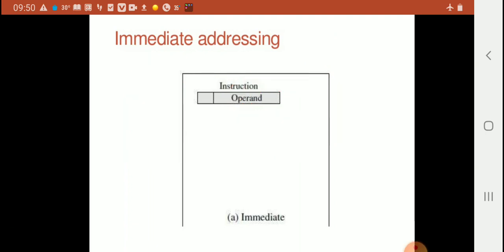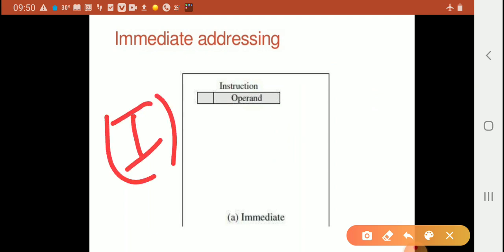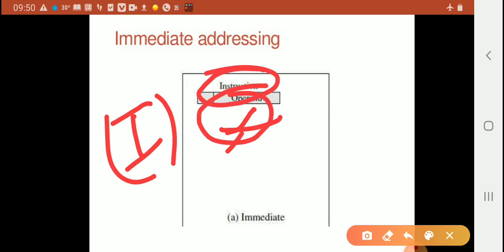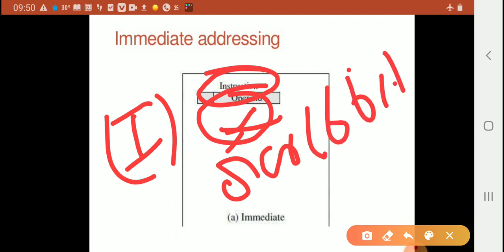So for any operand in immediate addressing mode, there is no need to specify the address in the instruction; mostly 8-bit or 16-bit data is used.